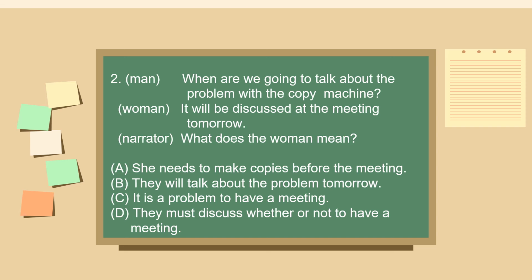Wrong. Okay, how about B? They will talk about the problem tomorrow. Is it the correct answer? Yes, this is the correct answer, since the form is active and the statement refers to the question. C is wrong and D is wrong. Okay.